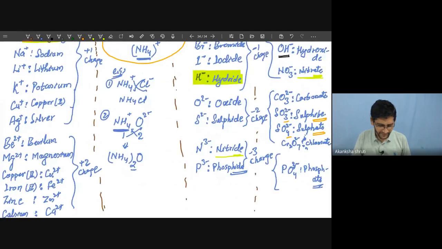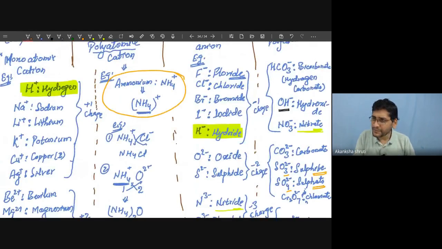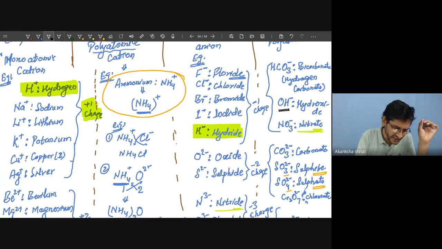Student, if the charge or combining capacity is +1 or -1, it is called monovalent. All this group we have observed, all these are carrying +1 unit charge, so it is our monovalent.